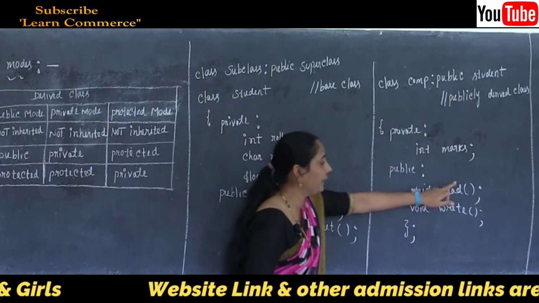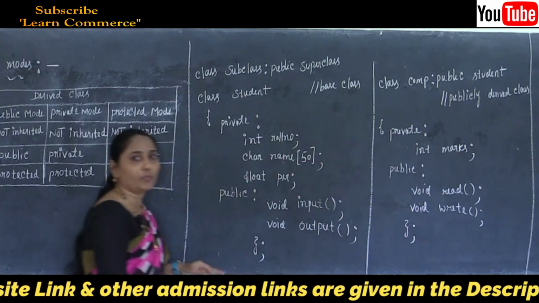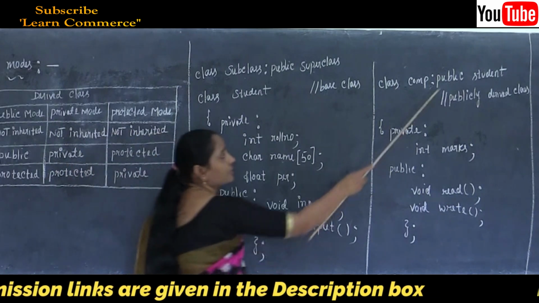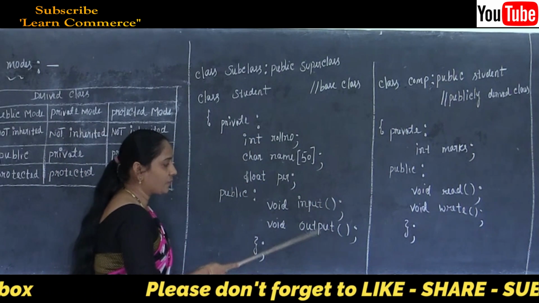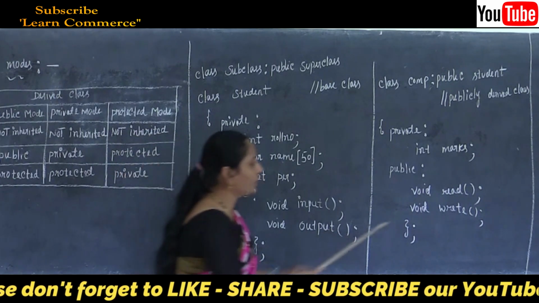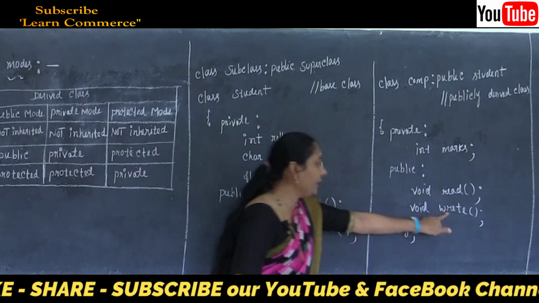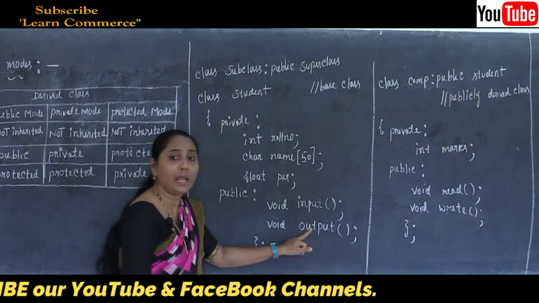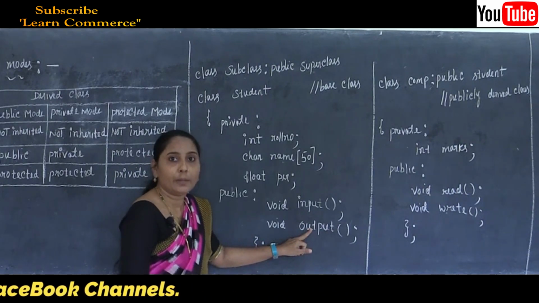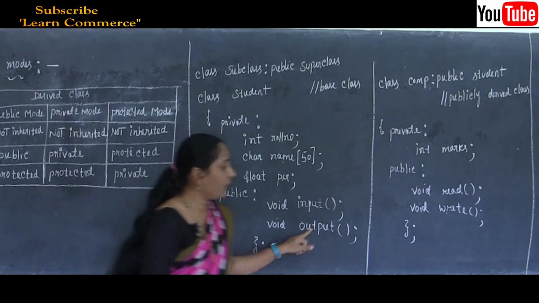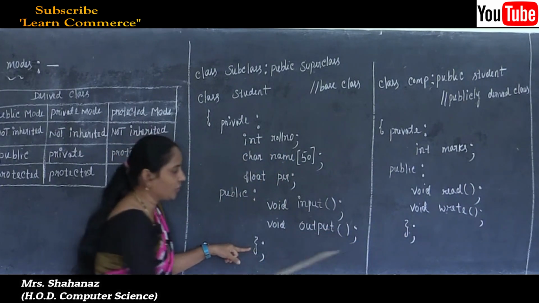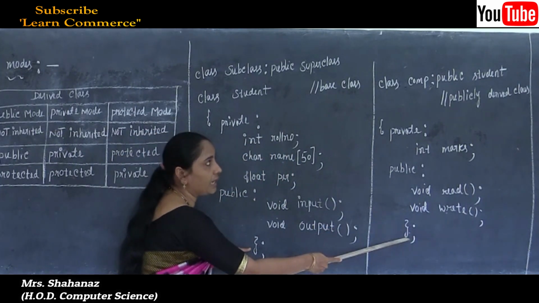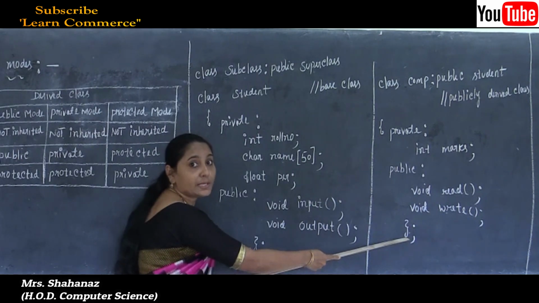Not only does it contain read and write, it is also inheriting some features of the base class public side. In the public side, what features are there? Input as well as output. That means it is going to inherit read, write as well as input and output. Clear this point here? And where you should note it. Why? Because like the base class definition, the derived class definition is also terminated by using the semicolon.